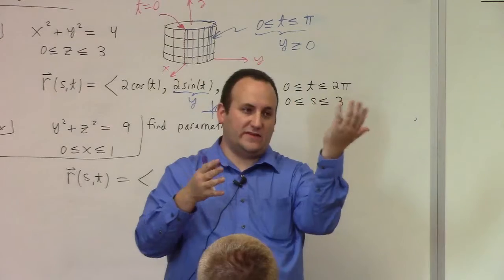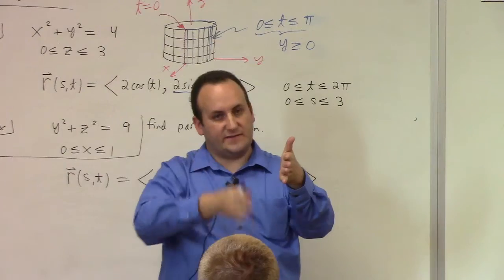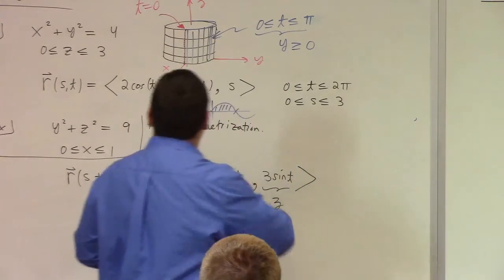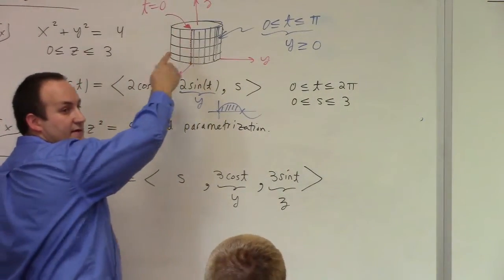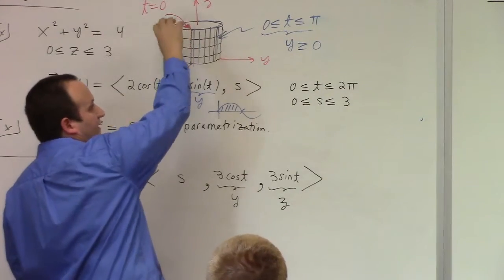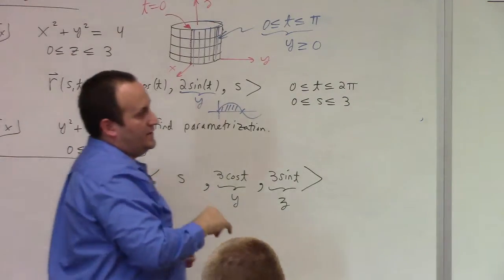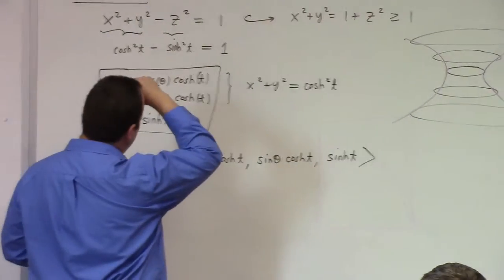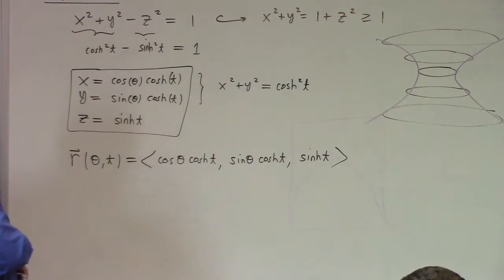Once you choose a parameterization, a natural thing to ask about is this is actually part of defining it. What are the lines on the surface which correspond to constant choices of parameter, right? So I drew some of those over here. The vertical lines are when the t is fixed at a particular value and the s varies. The circles have s fixed and let t vary. But these are coordinate lines with respect to these parameters. For this thing, what happens if you fix theta and let the t vary?